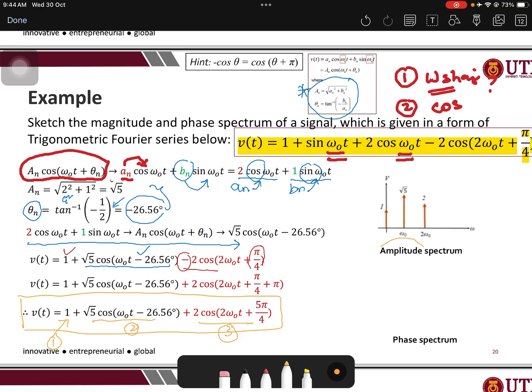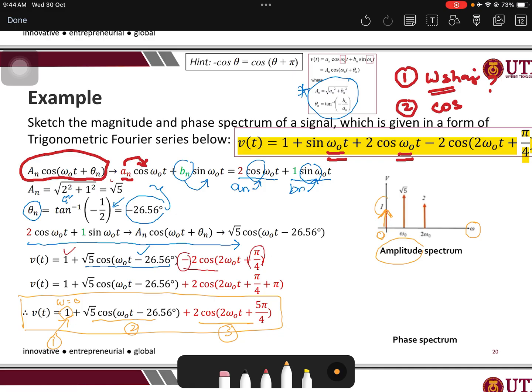Whenever we want to draw the amplitude spectrum, of course, we have to identify the omega. Since the omega of the first component is equal to 0, you can directly draw it at 0. What about the amplitude?